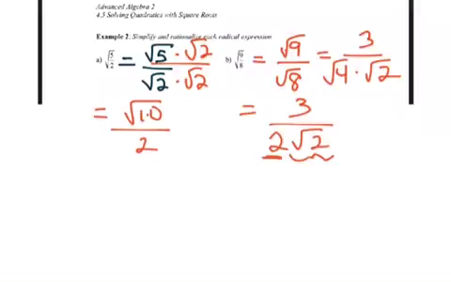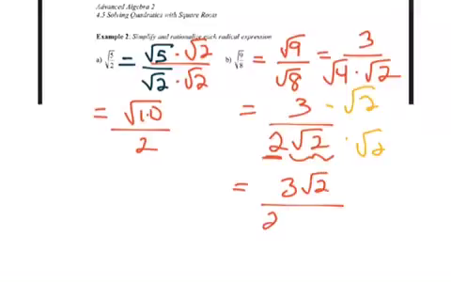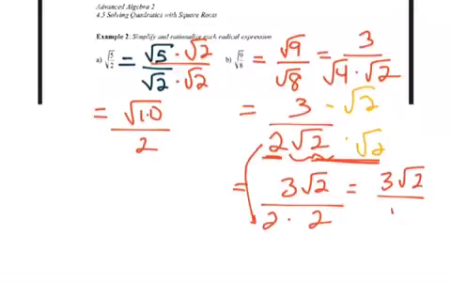So I'm going to multiply both the top and bottom by the square root of 2. So that gives me 3 times the square root of 2 in the top. I've got a 2 that just carries down, and then a square root of 2 times the square root of 2, which is 2. So that gives me 3 square root of 2 over 4 altogether.